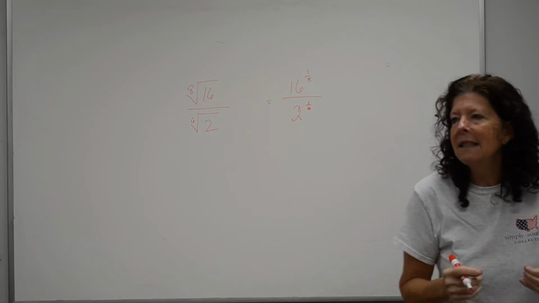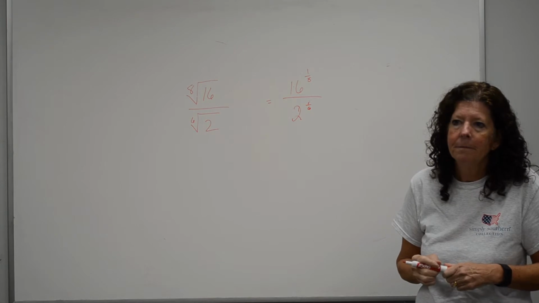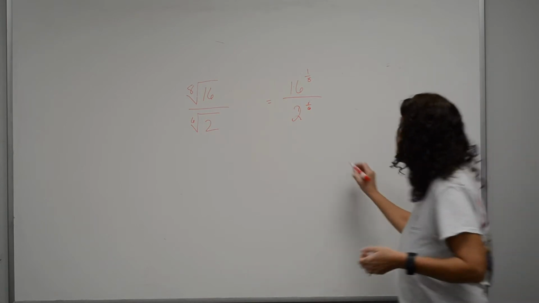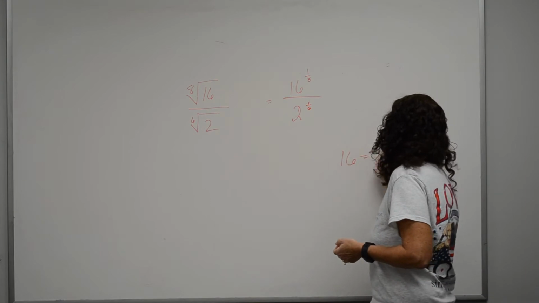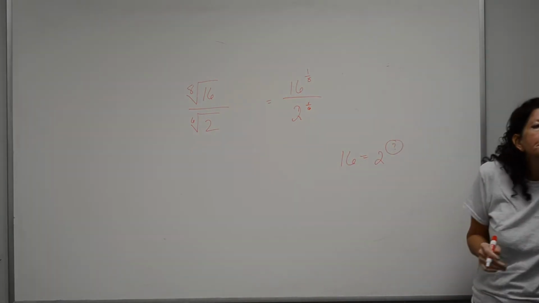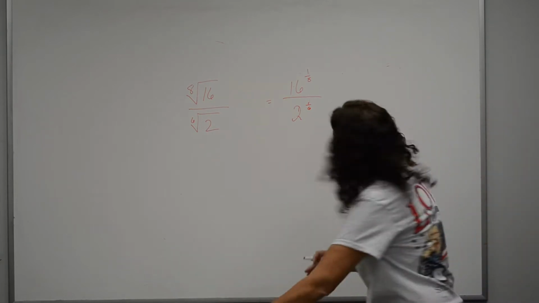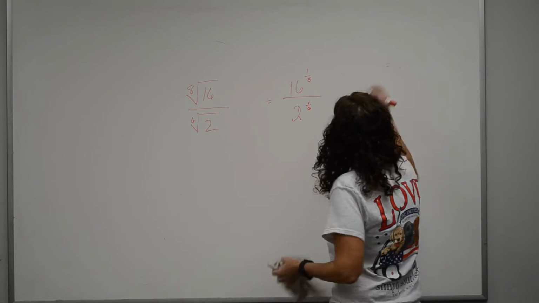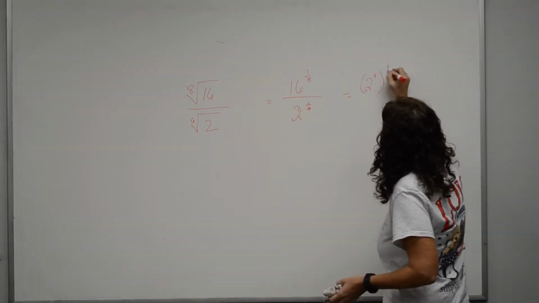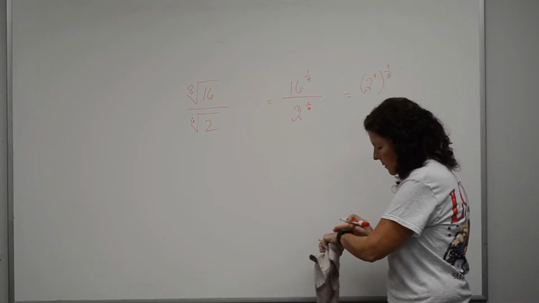But can I take the 16 and make it have a base number of 2? 16 is equal to 2 to the what power? Fourth power. So I can rewrite this top one as 2 to the 4th power raised to the 1/8 power.